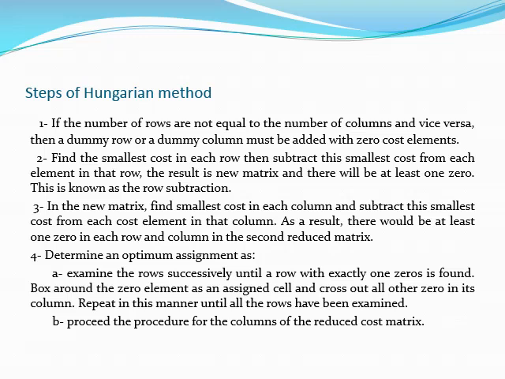As a result, there would be at least one zero in each row and column in the second reduced matrix.